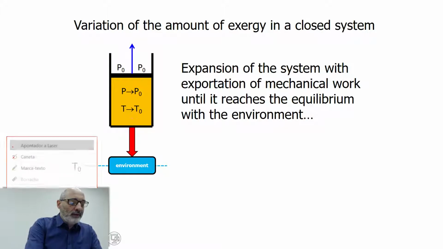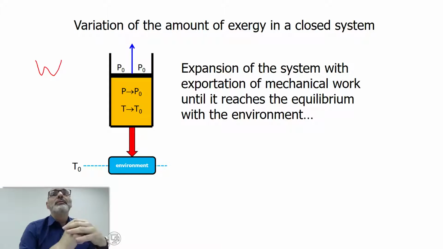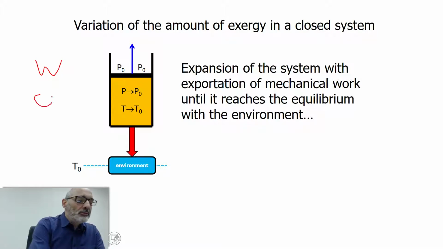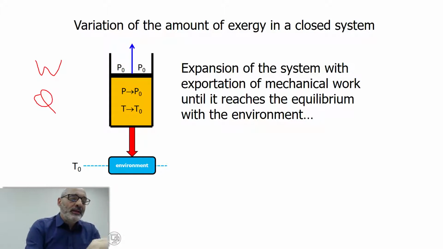We're going to have production of work, positive or negative, we don't know yet, depends on P and T, and also heat flow, Q. We're going to analyze this work obtained here, produced by this force, and the exergy associated with this heat flow down here.